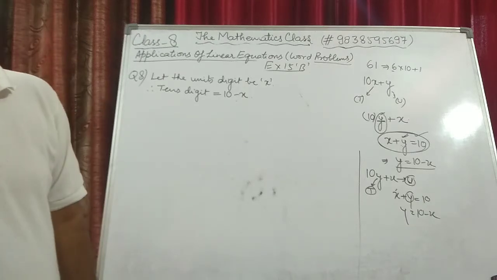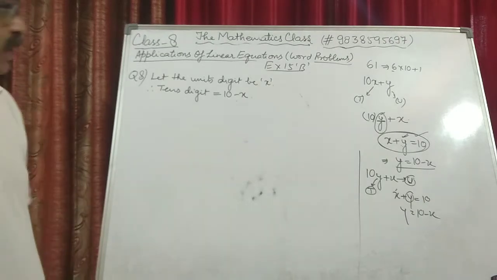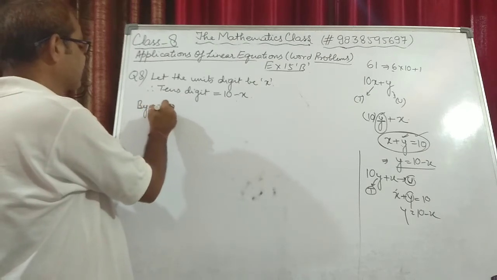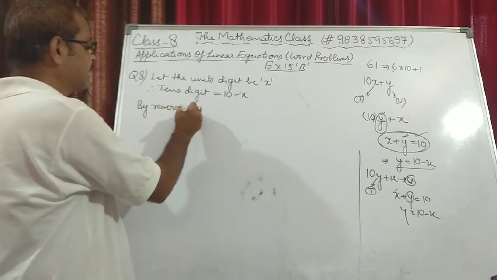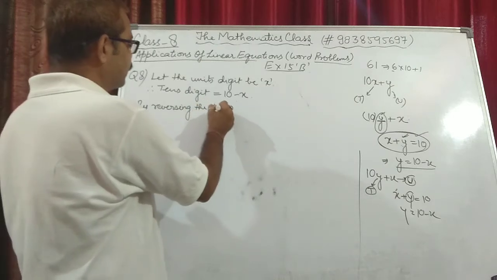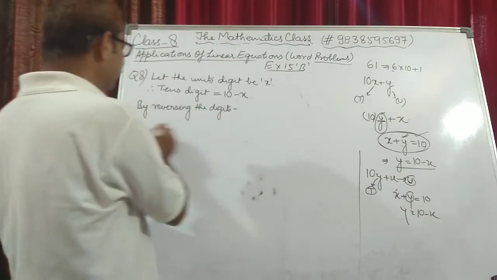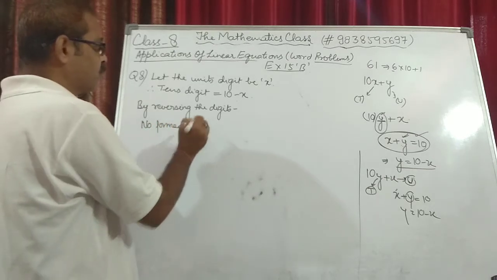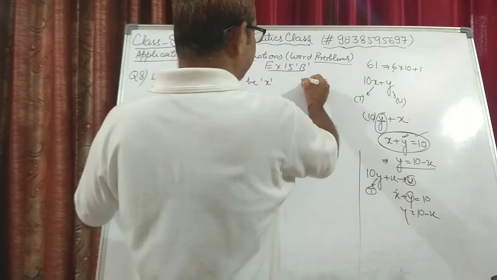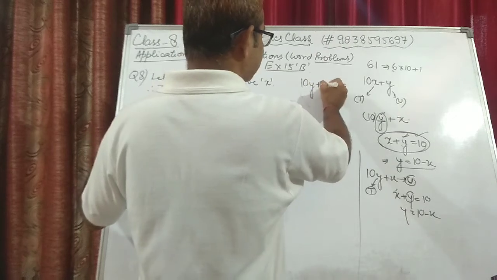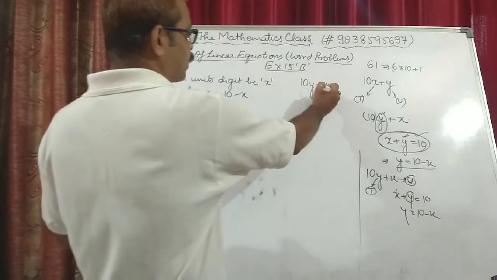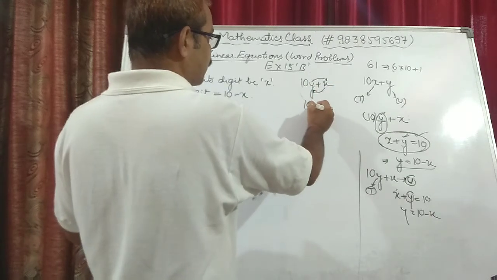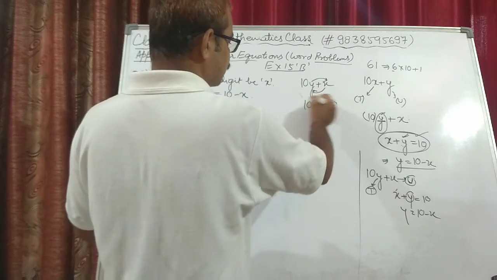Now they say that a number is formed by reversing the digits. Now when we have taken 10y plus x as the original number, when you reverse the digits, x replaces y and y replaces x. So the new number will be 10 times of x plus y.